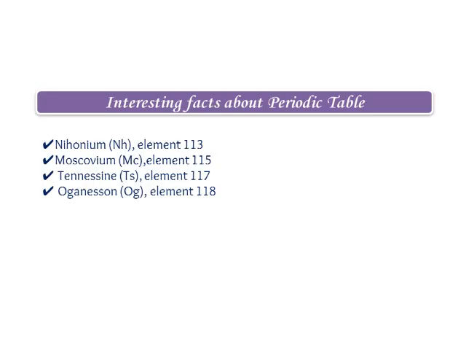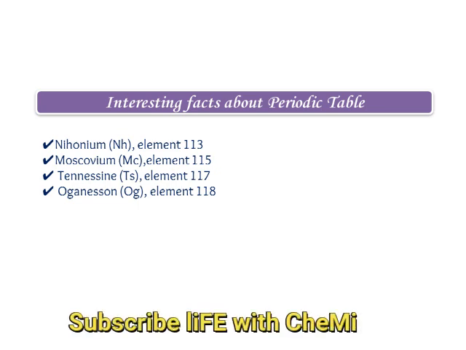In 2016, four new elements were added to the periodic table: Nihonium (Nh), element 113; Moscovium (Mc), element 115; Tennessine (Ts), element 117; and Oganesson (Og), element 118.